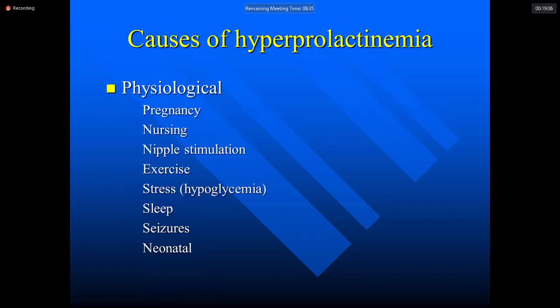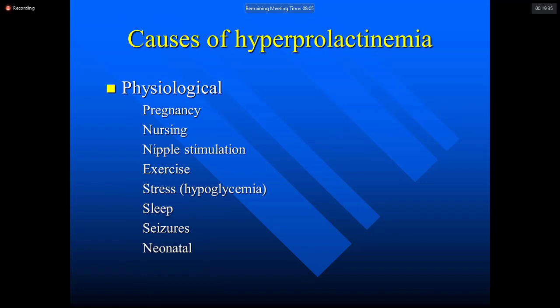Now, the causes of hyperprolactinemia could be physiological, like pregnancy, which will cause an elevation of prolactin level, and women who are nursing their babies will also have hyperprolactinemia. Stress induced by hypoglycemia will also cause hyperprolactinemia.